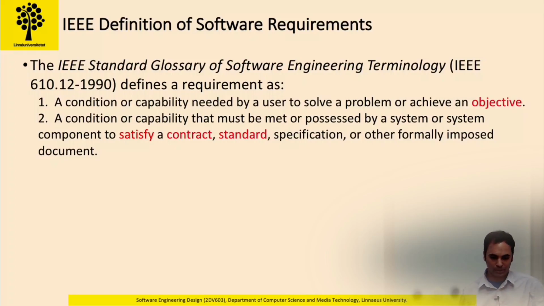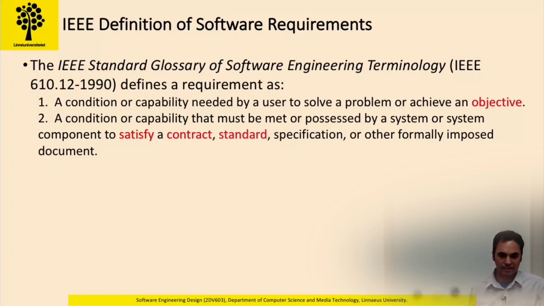What we call the contract is the requirements document, or set of requirements. That is the contract between the end user and the developer. So the company who is developing the system and the end users who are using the system have a contract, and we call this contract a requirements document, for example.